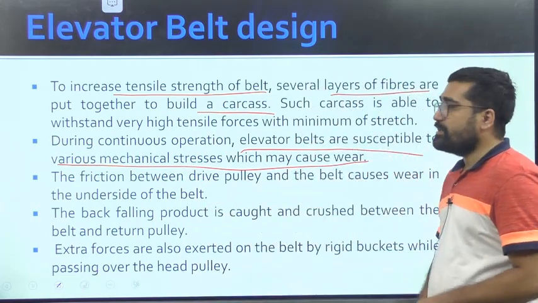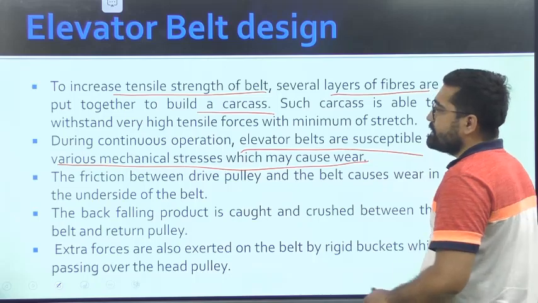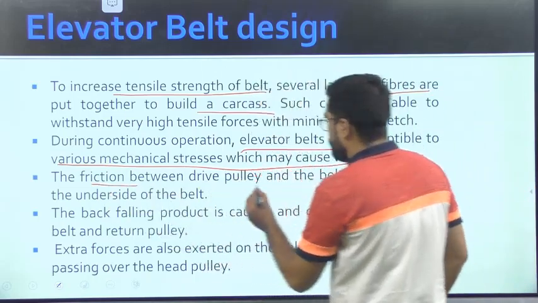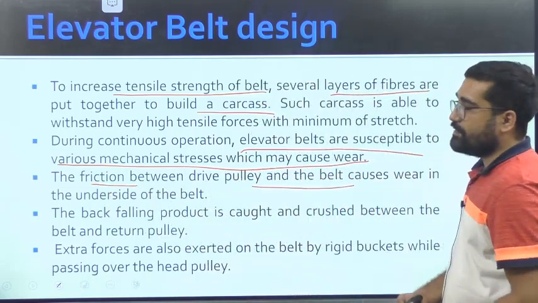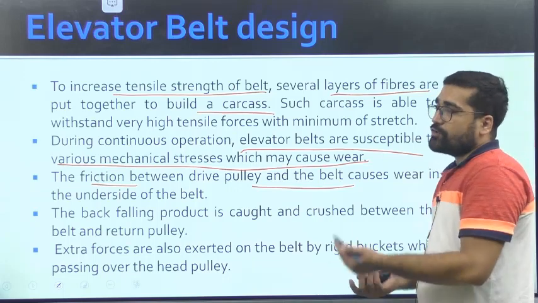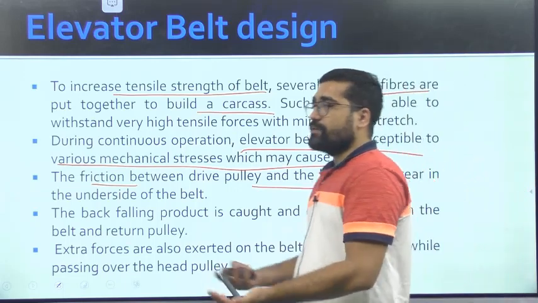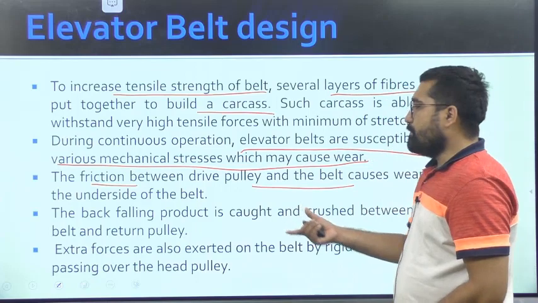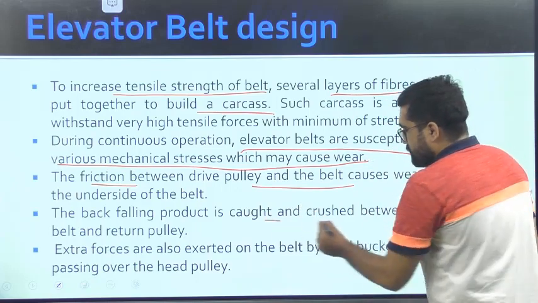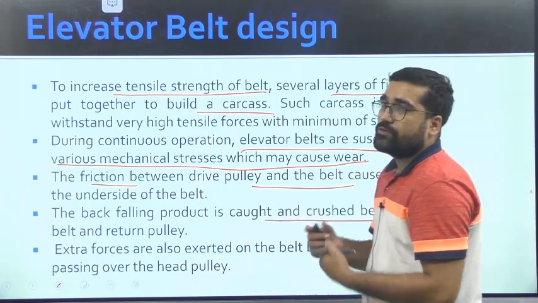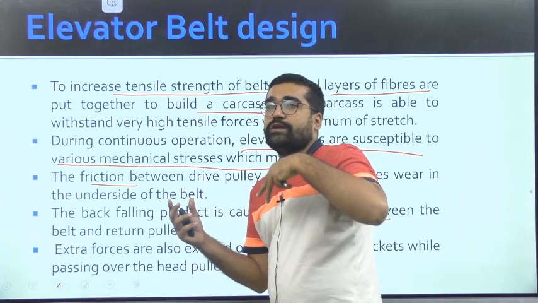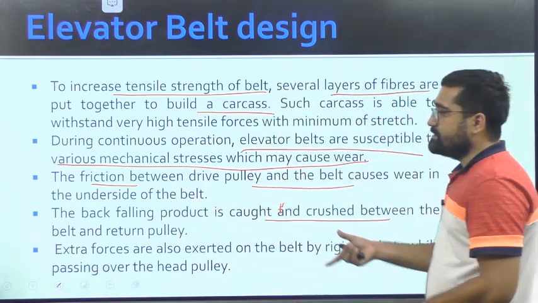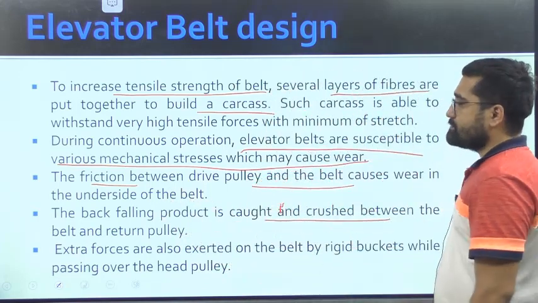Even the friction of the belt conveyor we have to consider, because there will be friction between the pulleys and the belt, which will further cause breakage of the belt. Back falling of the product also sometimes gets caught in the pulleys and the belt, so it will again increase the damage to the belt.